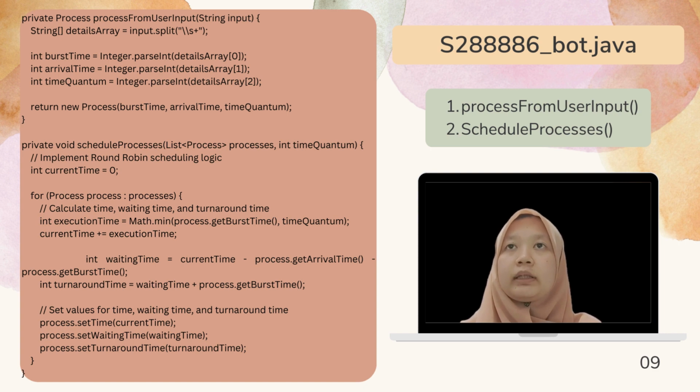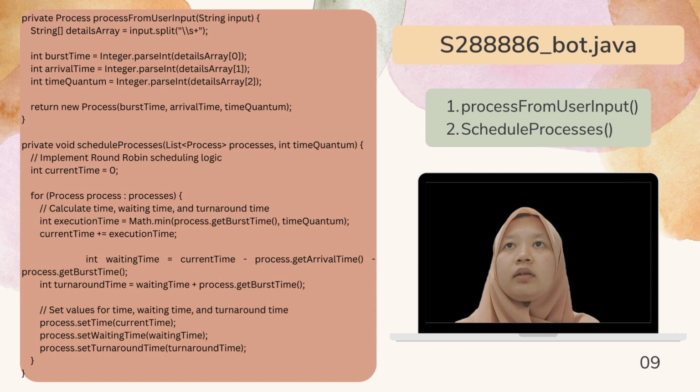This method is to process the user input, that is the details of a process, and it will create process objects. And for the method schedule processes, that implements the round robin scheduling logic, calculating the time, waiting time, and turnaround time for each process.